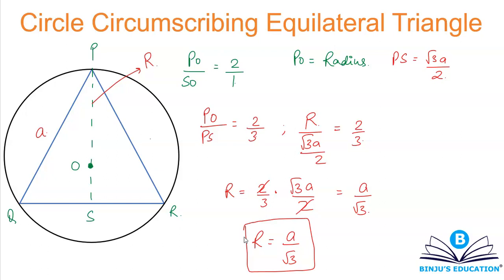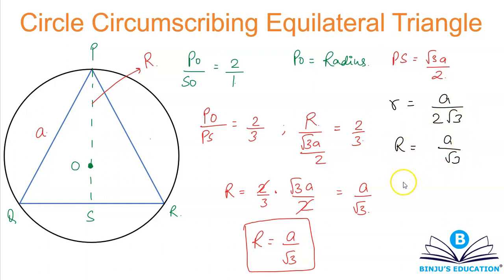Okay, so when the circle is inscribing, the radius was side by 2 root 3, and when the circle is circumscribing, the radius is side divided by root 3. You can also form the relationship between the two. I have small r equal to a by 2 root 3 and capital R equal to a by root 3.